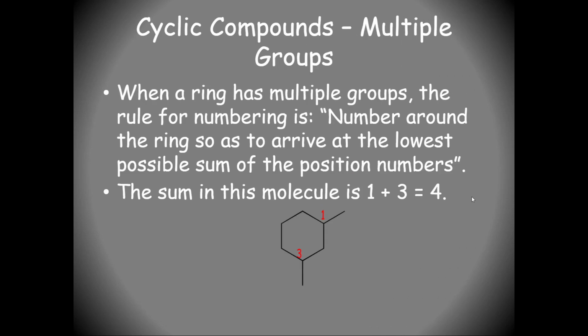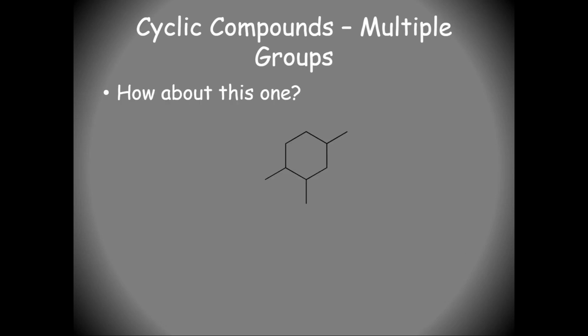Cyclical compounds, the same thing goes for counting. We want to make sure the numbers are the smallest. For instance, in this one, we want the smallest total when we add them up. We could go from here, 1, 2, 3, 4: 1 plus 2 plus 3 plus 4 equals 8.